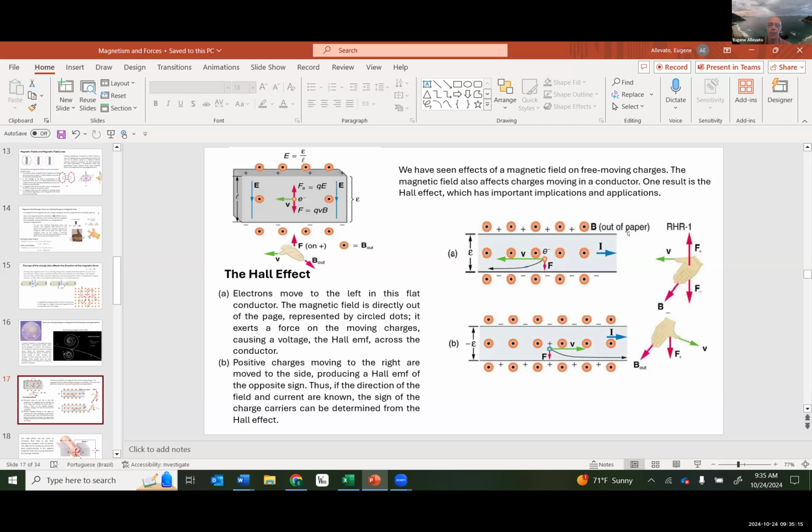Another thing that a magnetic field creates is what is called the Hall effect. Basically, when you apply a magnetic field on a wire, right, and the electron is moving, the electron is going to see this force, right? The force is going to push the electron to one side of the wire, so it's going to create on the wire from one side to the other an electric field.